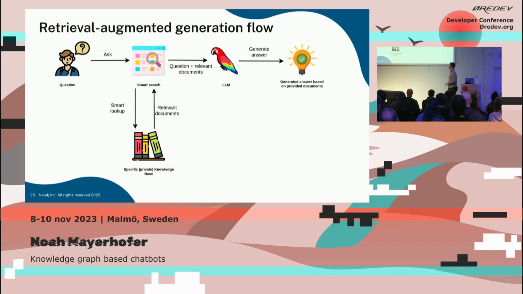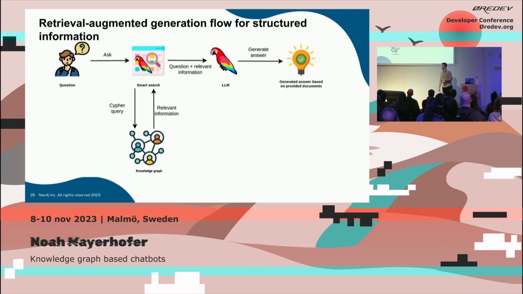So if you look at our flow from before, it looks like this. We have our smart search and our knowledge base, but we're going to modify this a little bit. Instead of having a knowledge base as a vector database of different documents, we can have a knowledge graph there, and we can improve our smart search a little bit. We have the same beginning. A person asks a question, and our smart search will try to understand that question and turn it into a Cypher query that we think will find the information to answer the question.